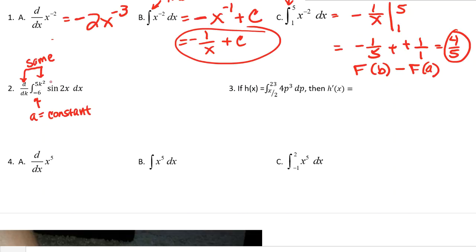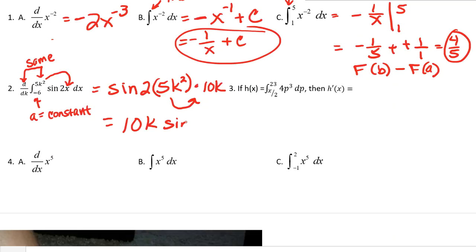So when we do the antiderivative first and then the derivative, we'll get right back to this integrand, but we would have substituted the 5k squared, and it's not just a k, so we need to multiply by a chain rule, so that'll be times a 10k. So we'll come up with 10k times sine of 5k squared.